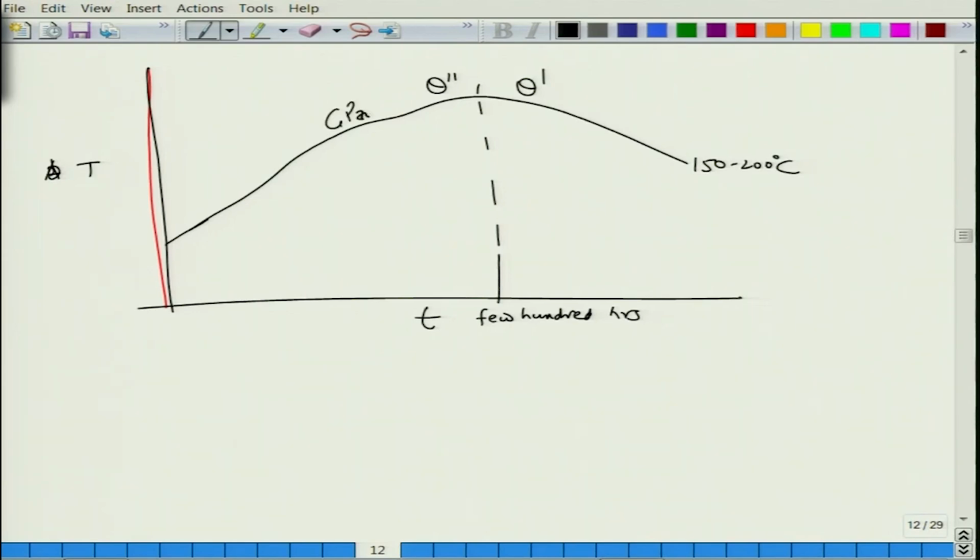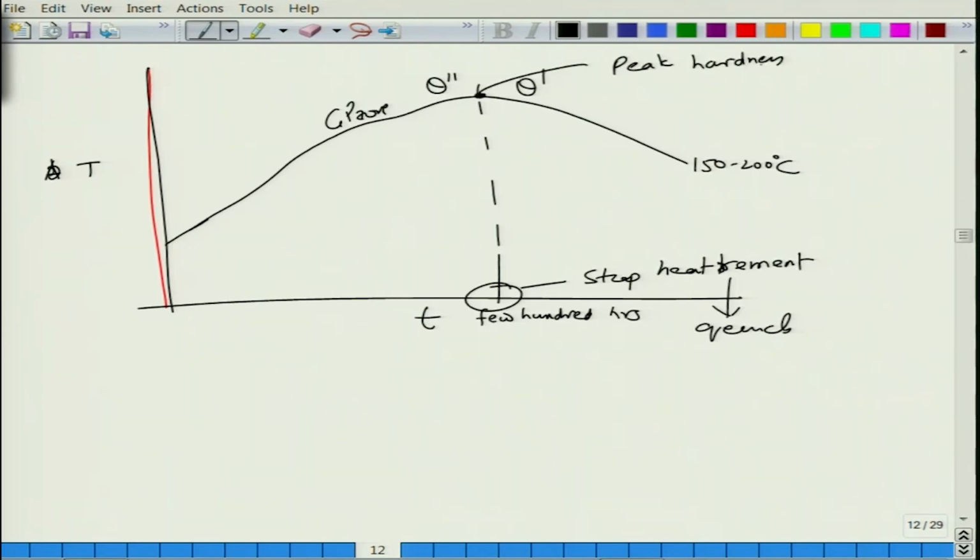This is GP zones, and then you stop here. So, you stop heat treatment and then quench. So, you quench at this point. So, you go to peak hardness. So, this is peak hardness, okay. Quench at that point, you do not want to go to the theta regime.